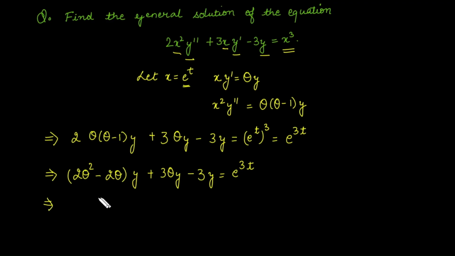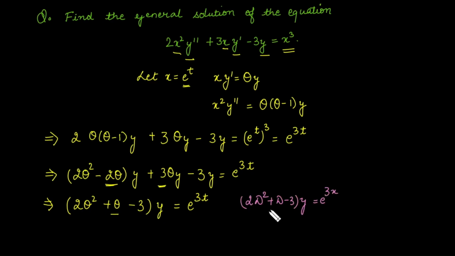This can further be written as 2 theta squared minus 2 theta plus 3 theta, that is plus theta, minus 3, into y is equal to e raised to power 3t. So we have collected the coefficient of y and resolved this factor: minus 2 theta plus 3 theta is equal to theta.